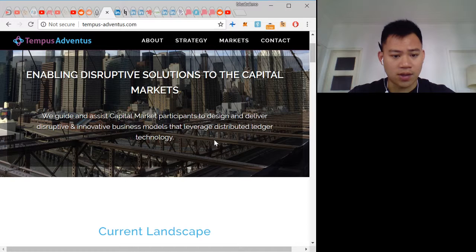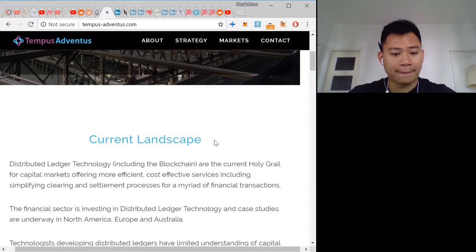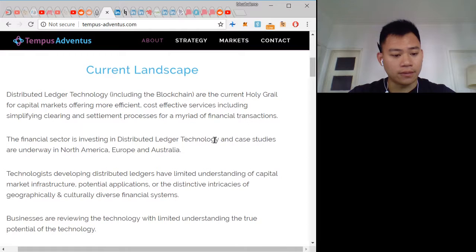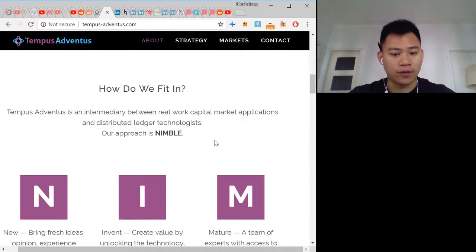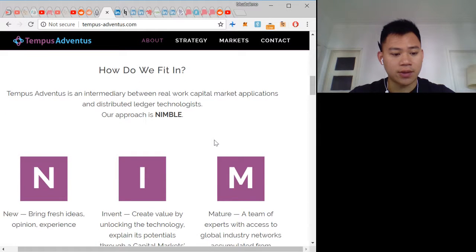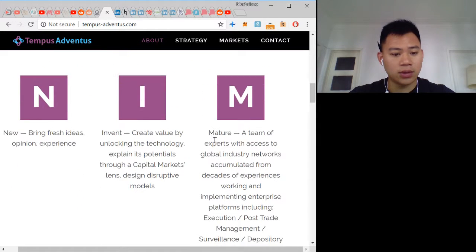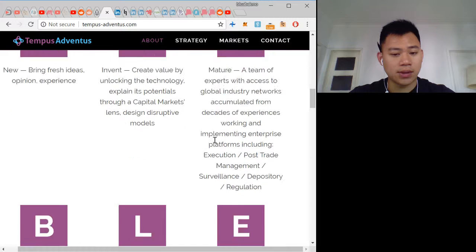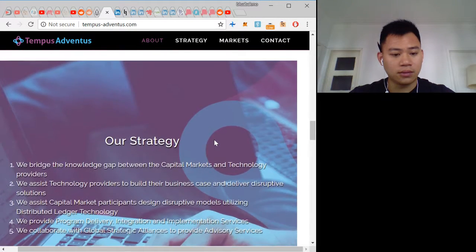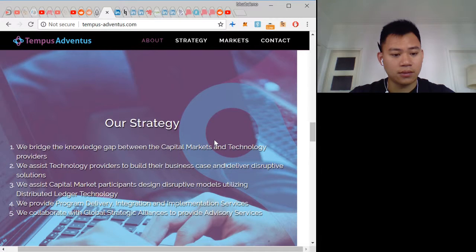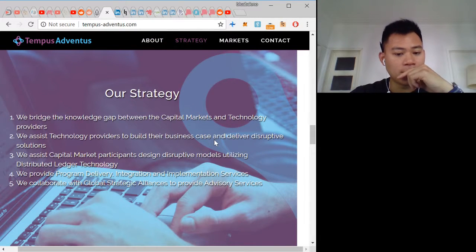We guide and assist capital market participants to design and deliver disruptive, innovative business models that leverage distributed ledger technology. Okay, so they help with designing token economics. Interesting.